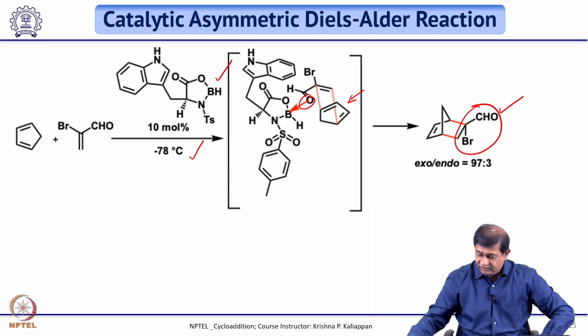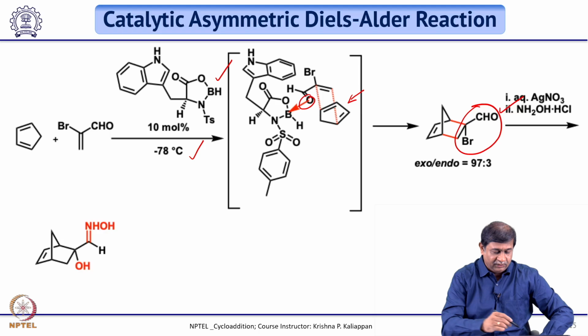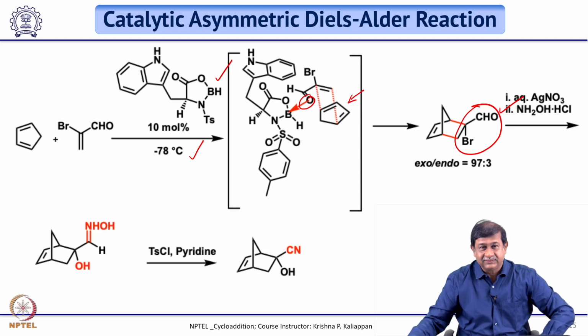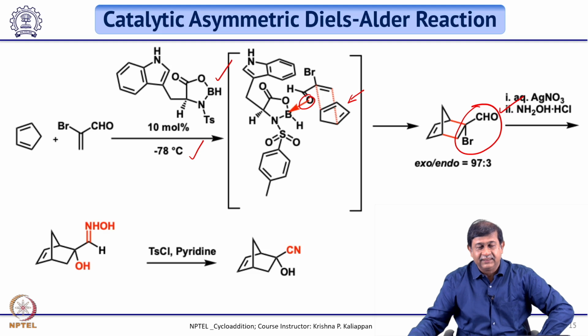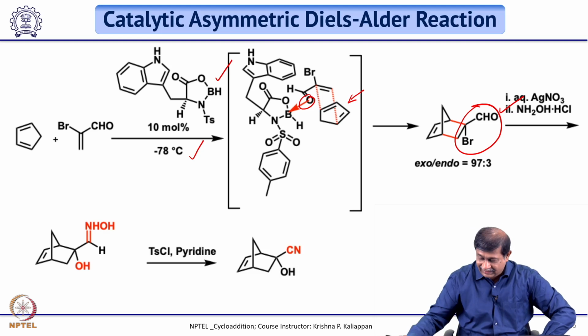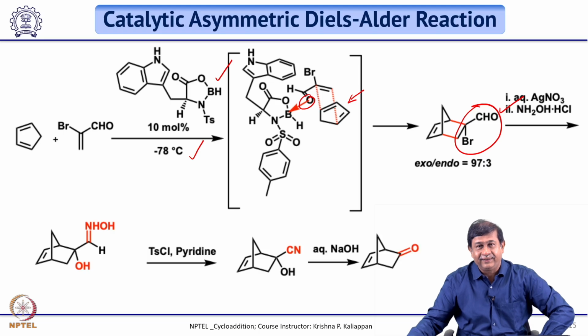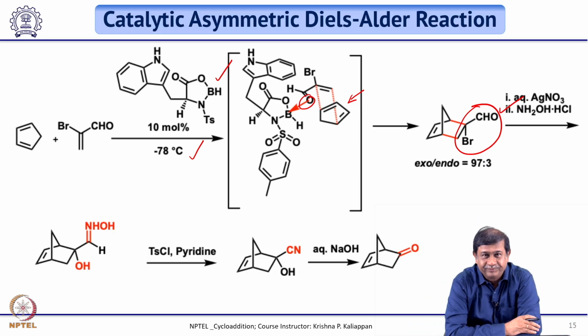So for that, what he has done, this aldehyde he treated with hydroxylamine to get the oxime, and this oxime if you convert into the corresponding tosylate, then it can undergo elimination to form the cyanohydrin, and that cyanohydrin if you treat with base, it will give the corresponding ketone.